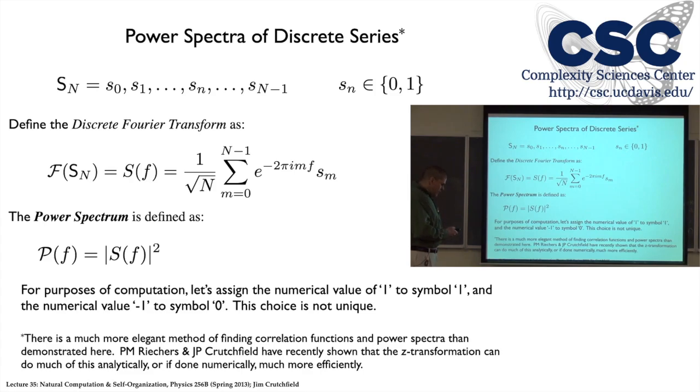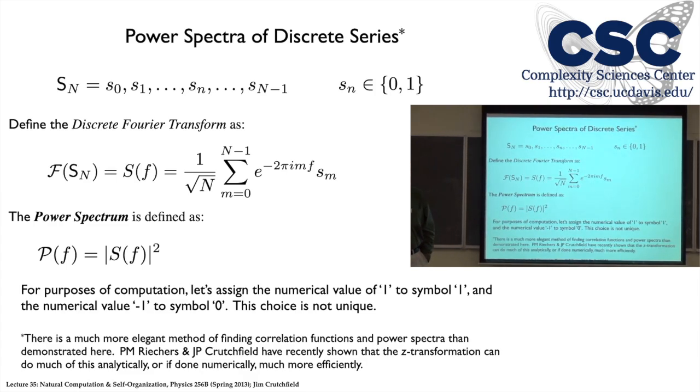And this actually ends up causing us some difficulty, because this step right here is where I lose information. And that means that it's going to be harder to reconstruct the process if I just have access to the power spectrum and not to the symbol sequence.